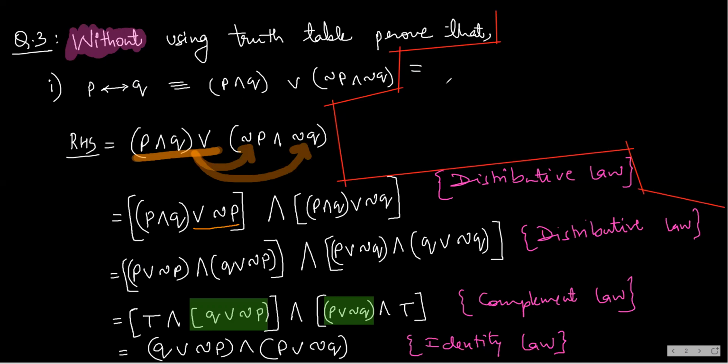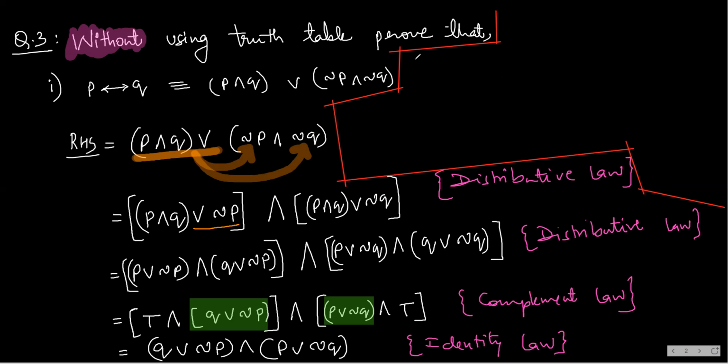See, the next is, I will use now yellow color. Now Q or negation P. What is Q or negation P? It is P implies Q. Before writing this, let me write commutative law. Students, check this.